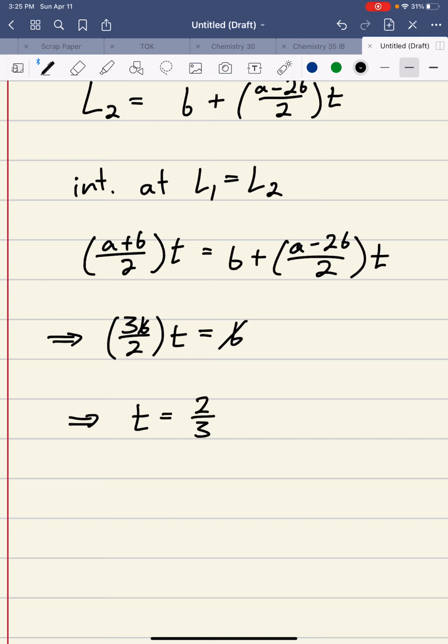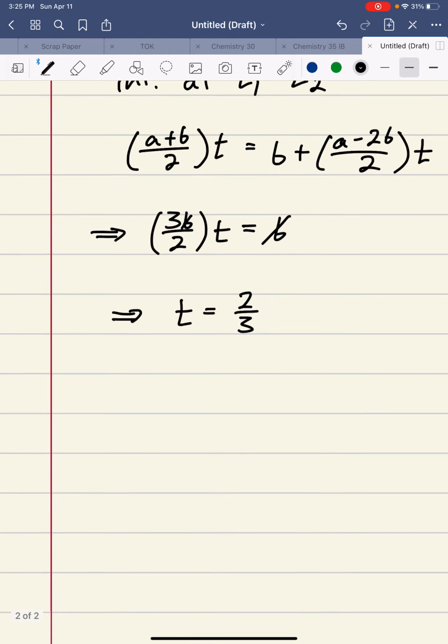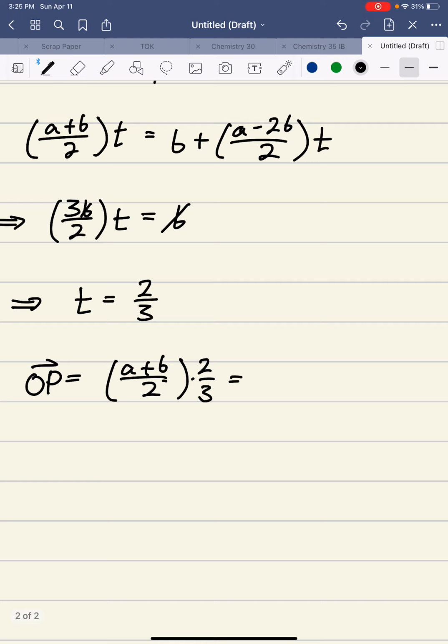So if you plug the value of 2 over 3 into either of those lines, you should get the point for P. Let's just do line 1 because it's simpler. The position vector of P would be (a plus b) over 2 times 2 over 3. The 2's cancel, so that's (a plus b) over 3.